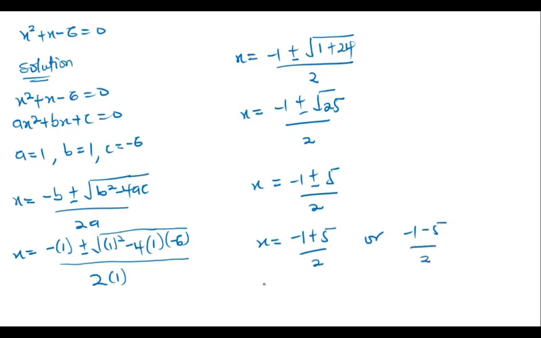Now if we use the plus, we have negative 1 plus 5 will give us 4 over 2, and x over here is 2. Or negative 1 minus 5 will give us negative 6 over 2, and this will give us negative 3. So it means the values of x that will make this equation 0 are either positive 2 or negative 3.